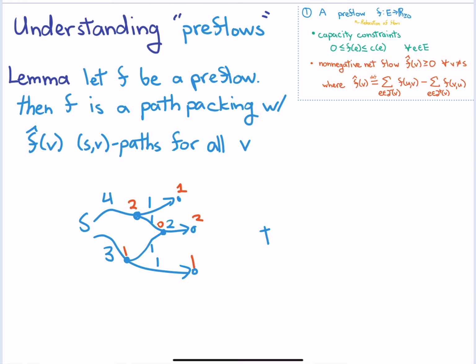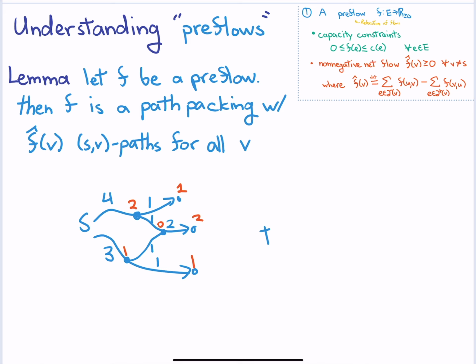Okay. All right. So the claim is that I can interpret F as some kind of path packing. I can decompose it into paths obeying the capacity constraints, where for each intermediate vertex V, the number of paths from S to V is the excess.